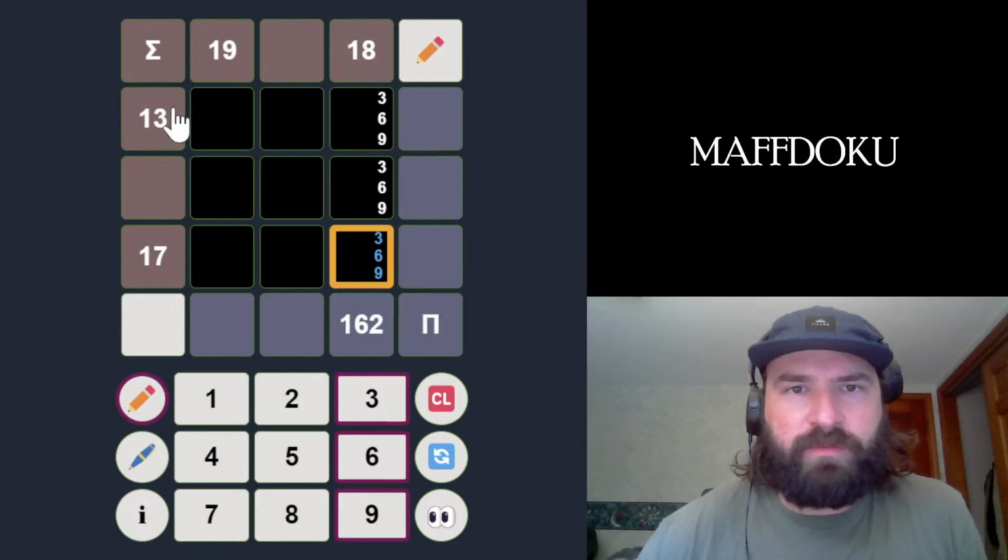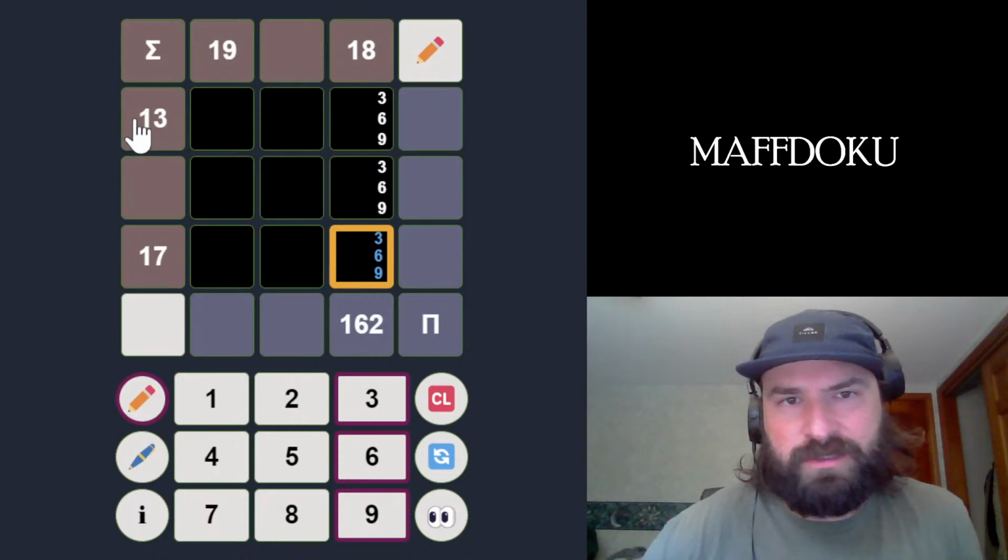And now somehow we have to figure out these sums. So 13 looks like maybe the most limiting. Not really, though.